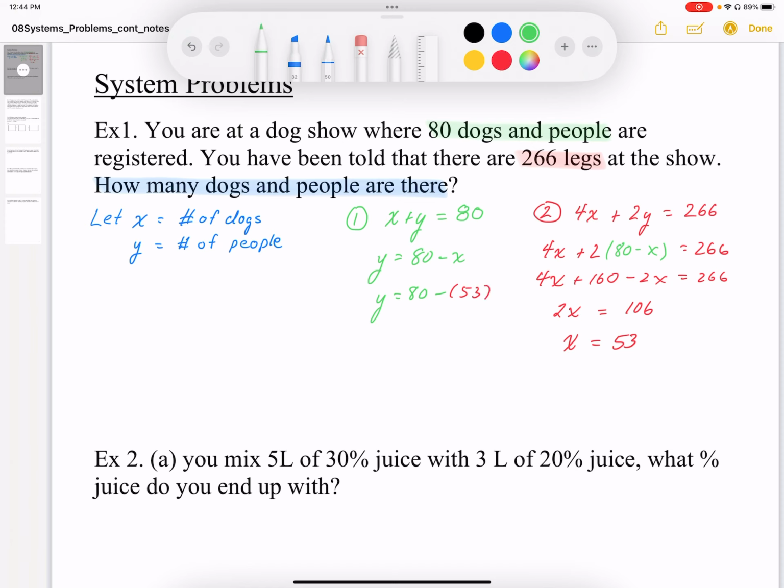The number of people, y, is then 80 minus 53, and that gives us 27 people. So we can say that the number of dogs equals 53, and the number of people equals 27.